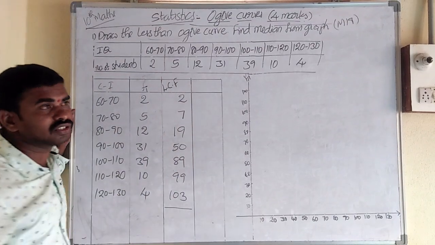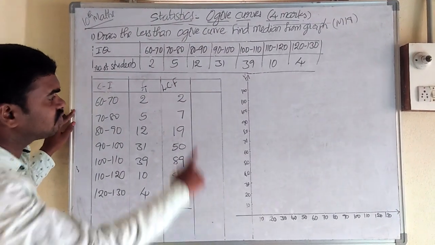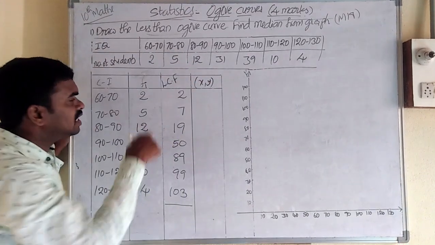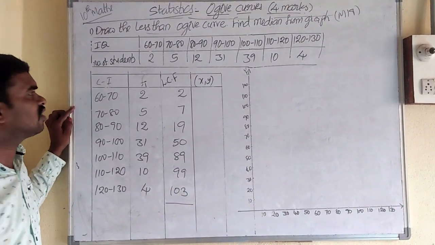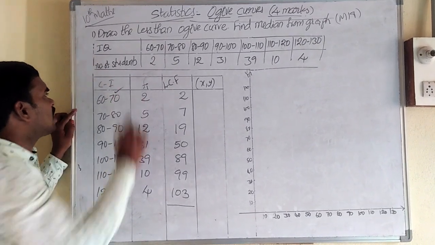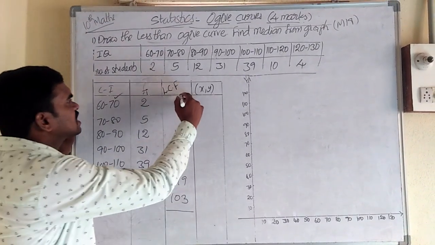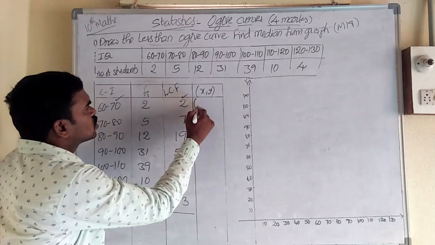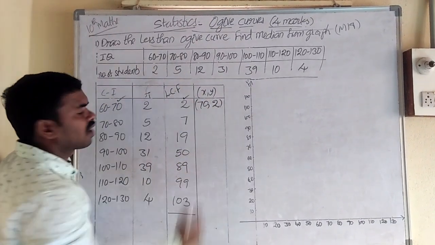Next point. To draw the graph, we need the points. How can we define the points x comma y? In this less than cumulative frequency curve, we should take the x value as upper limit and y as LCF. What is the upper limit here? 70. What is LCF? 2. So 70 comma 2 is the first point.